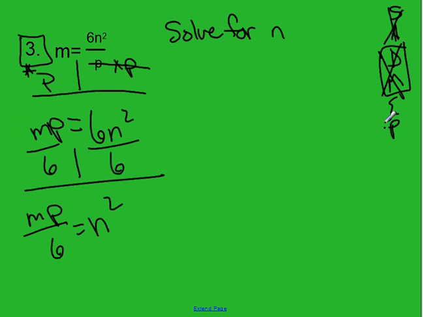I'm done with my division and multiplication, so now I just have exponents. I'll do it in a different color to make it easier to see. In order to cancel my n squared, I take the square root of both sides of the equation, giving me n equals the square root of mp over 6.